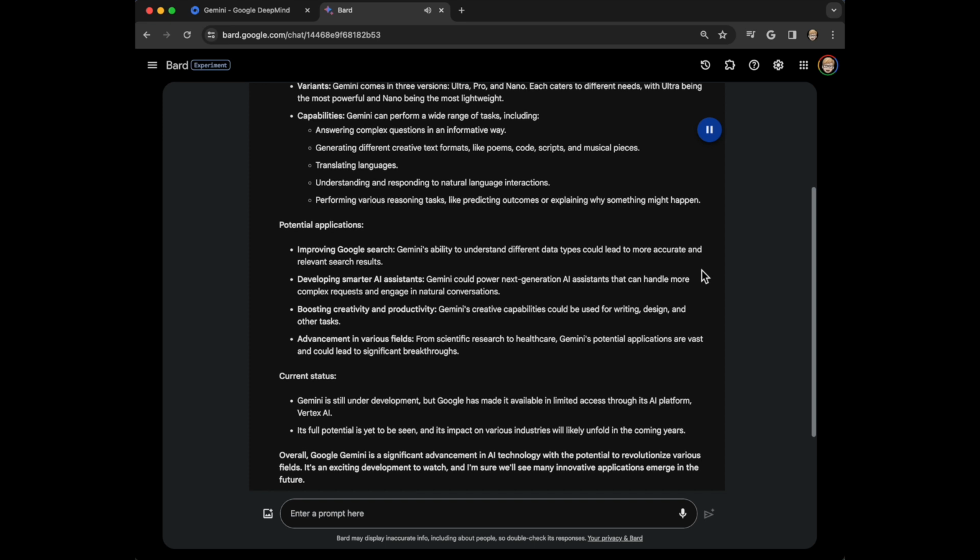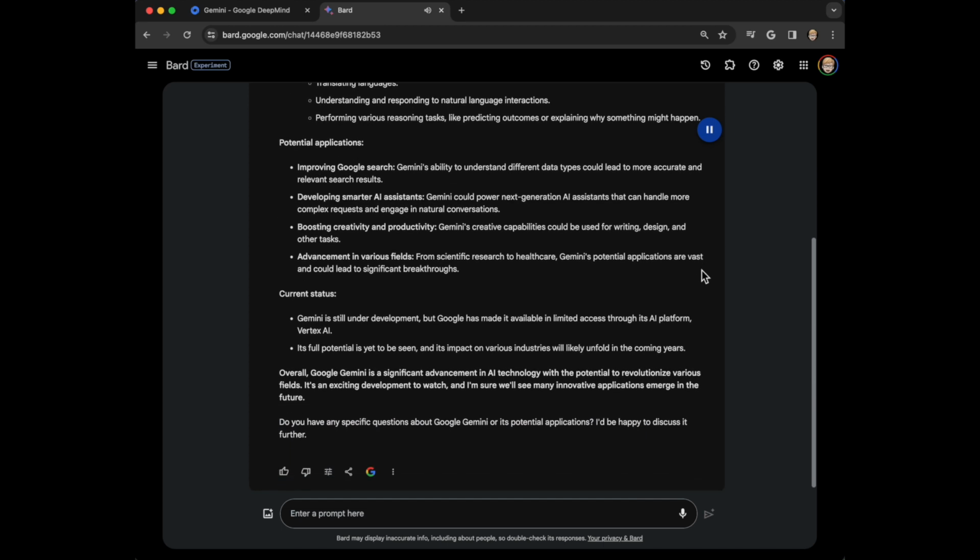Gemini's ability to understand different data types could lead to more accurate and relevant search results. Developing smarter AI assistants. Gemini could power next-generation AI assistants that can handle more complex requests and engage in natural conversations. Boosting creativity and productivity. Gemini's creative capabilities could be used for writing, design, and other tasks. Advancement in various fields. From scientific research to healthcare, Gemini's potential applications are vast and could lead to significant breakthroughs.